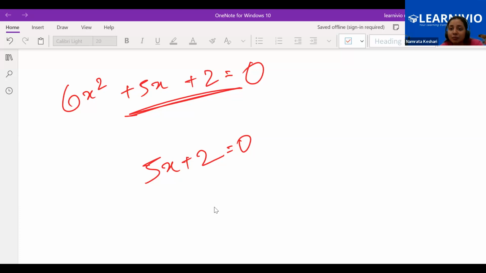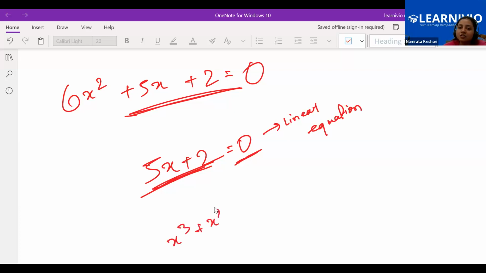Am I making sense to you? Can you see it's a linear equation? It is a linear polynomial, and the equal sign is there, so it became a linear equation. Yes or no? Yes, ma'am. If I write x cube plus x square plus 2 is equal to 0, is it a quadratic equation?